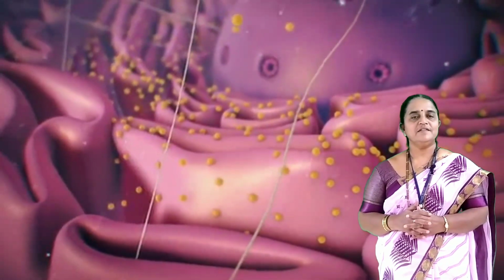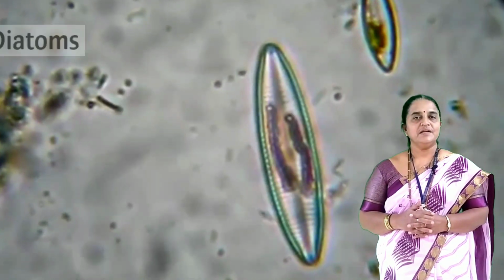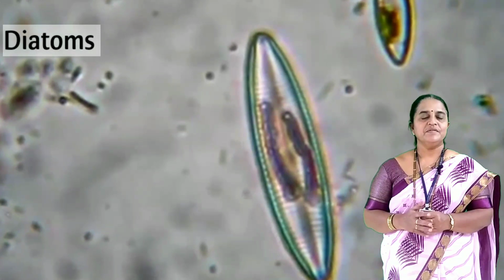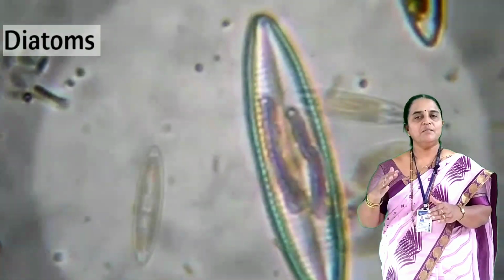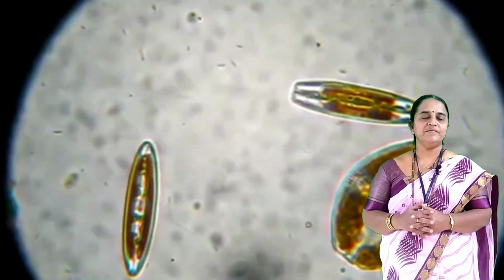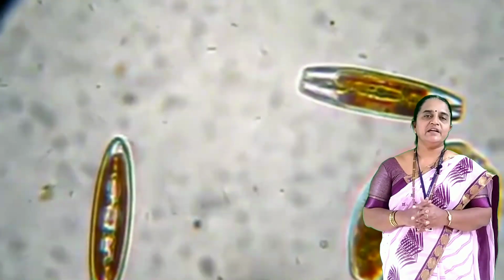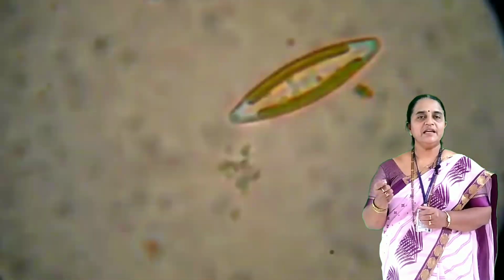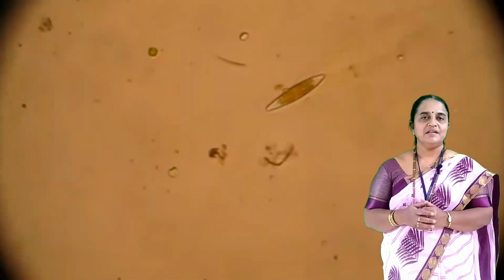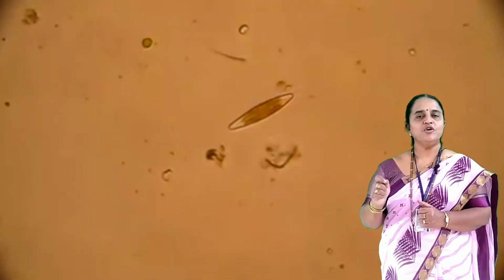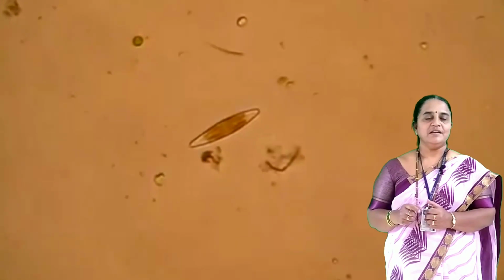Excellent example of chrysophyte is diatoms. These diatoms deposit at the bottom of the aquatic body. For several years they go on depositing, giving a gritty soil. This is known as diatomaceous earth.